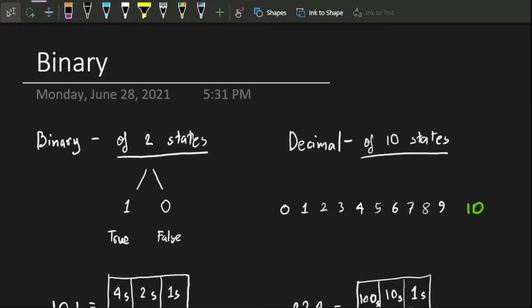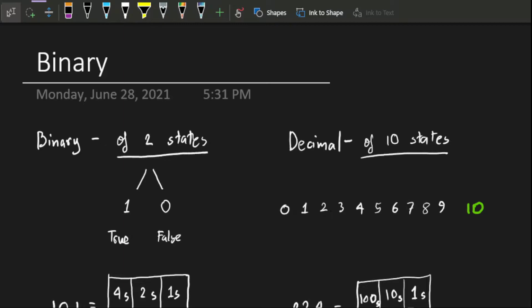So binary is also known as the language of the machine. But why is it called binary? It's because binary, the word bi, means of two states, such as tri means 3, bi means 2.